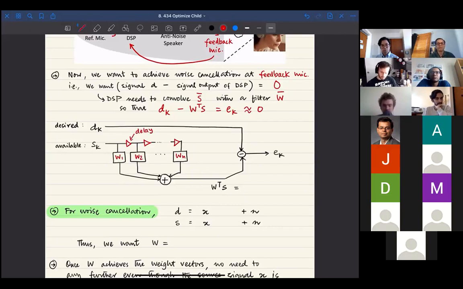So now tell me, at the current instant, Sk is coming in. What is coming out through this wire? W1 is a multiplication to Sk. So what is coming out through this wire is W1 times Sk. Do you agree? Very good.